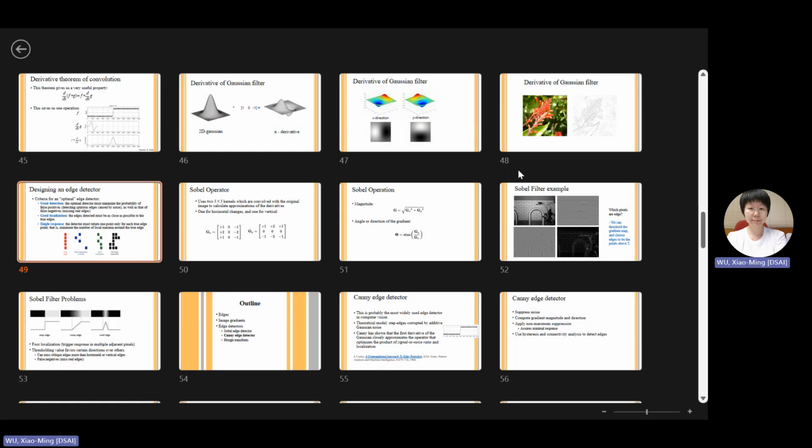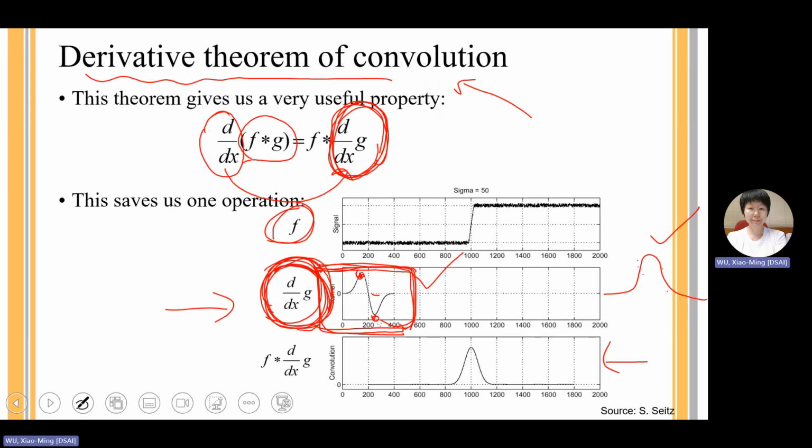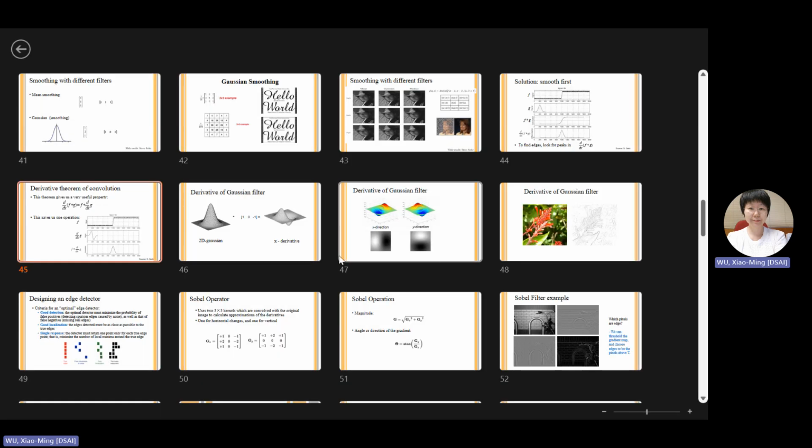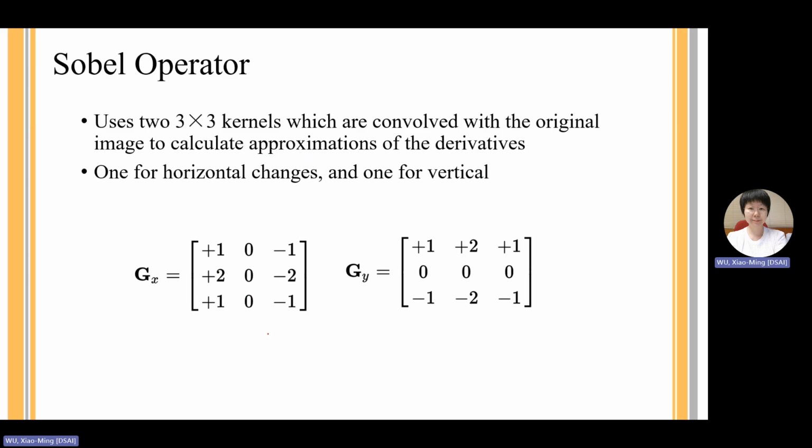We take the x derivative of Gaussian and the y derivative of Gaussian. This gives us the Sobel operator. Gx represents the x derivative of Gaussian, and Gy represents the y derivative of Gaussian.